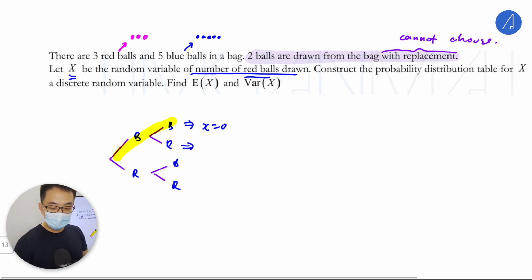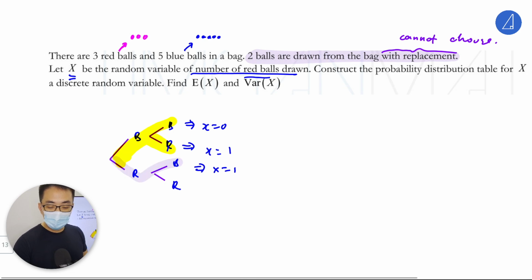Then the second branch here, BR, is X equals 1. And then this is also X equals 1 because you have got one red ball.